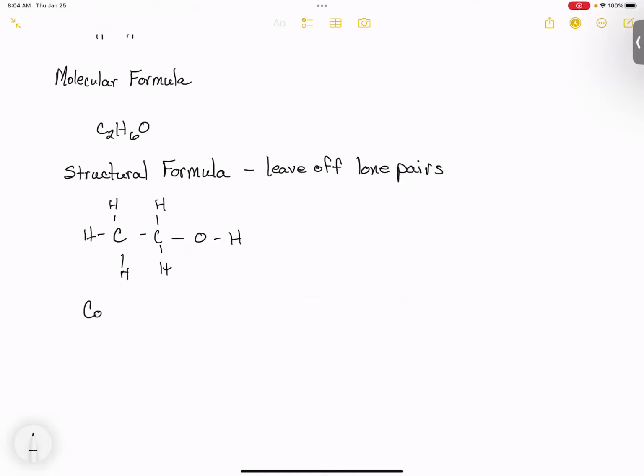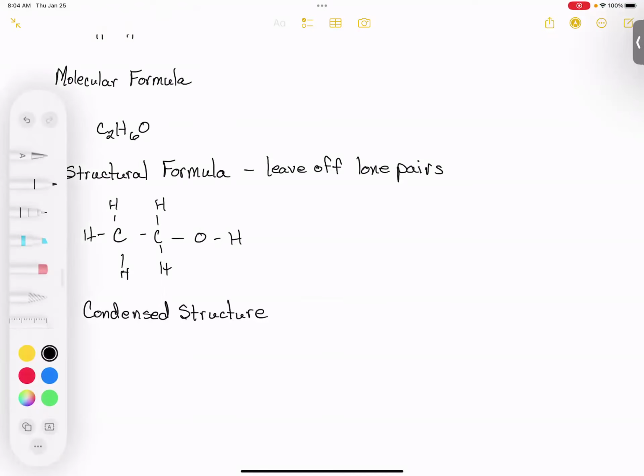Now we can speed up our lives a little bit by doing what's considered to be a condensed structure. Essentially what a condensed structure does is it takes each of these carbons and describes what's on the carbon in bits and pieces.